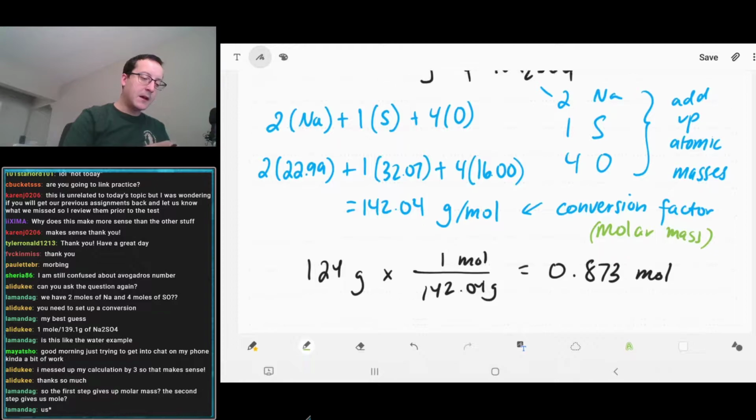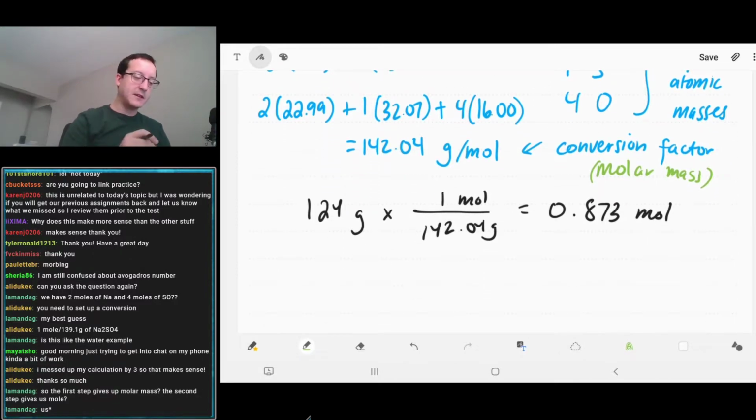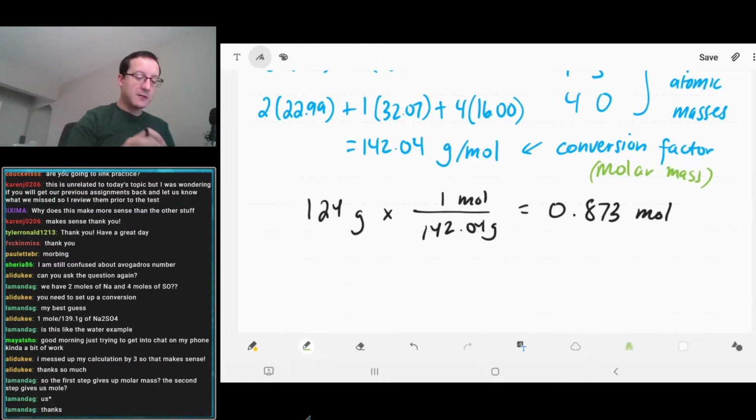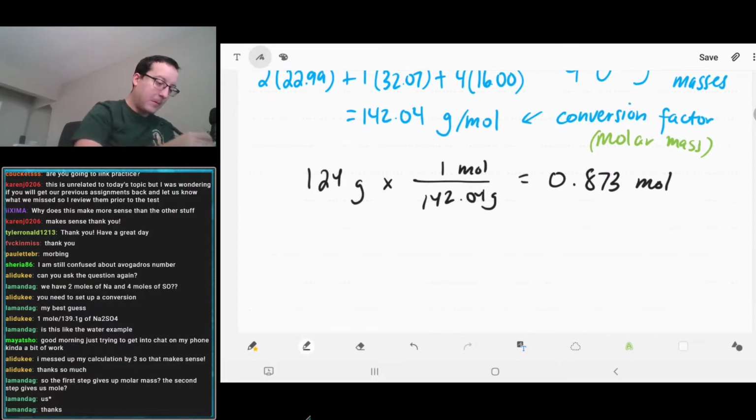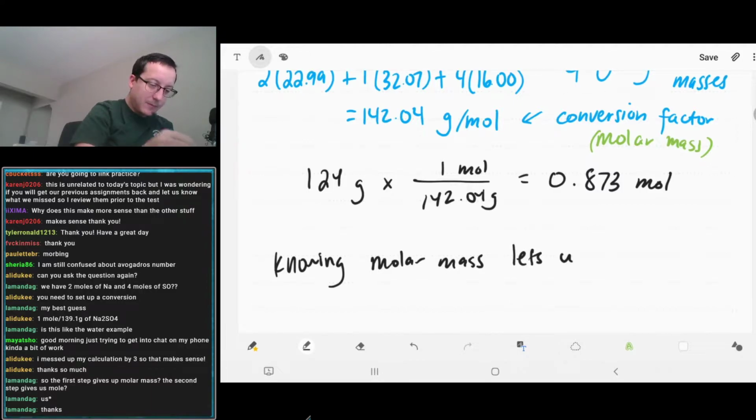Alrighty, so again, there is a point to doing all this stuff. Since we have already calculated our molar mass for this one, I want to show you more stuff we can do with this information. Knowing the molar mass will let us determine the percent of each element.